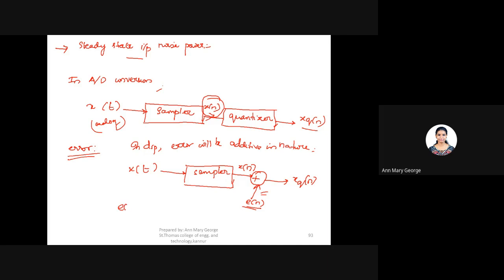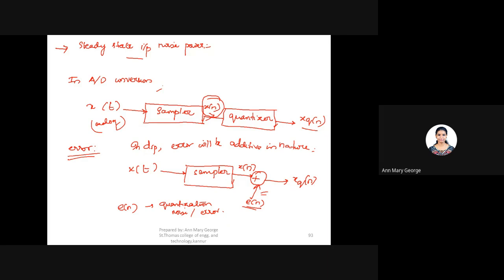Again this e of n can be written as the quantization noise or the quantization error. What will be the equation for e of n?